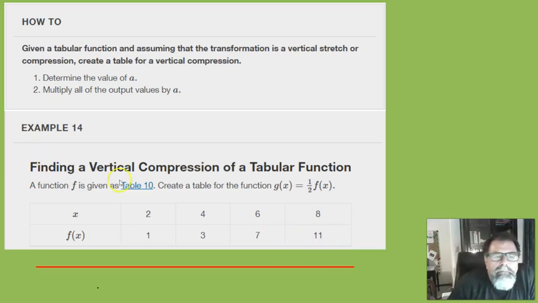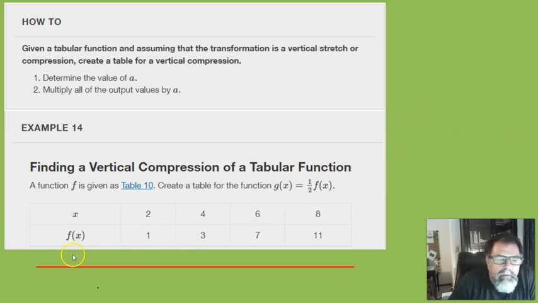Okay, example 14, find a vertical compression of a tabular function. So a function f is given in table 10, which is right here. Create a table for the function g of x equals 1/2 of f of x.